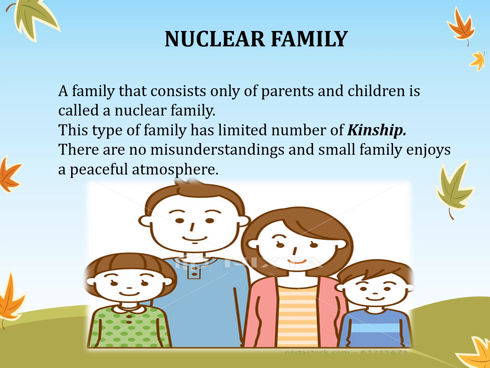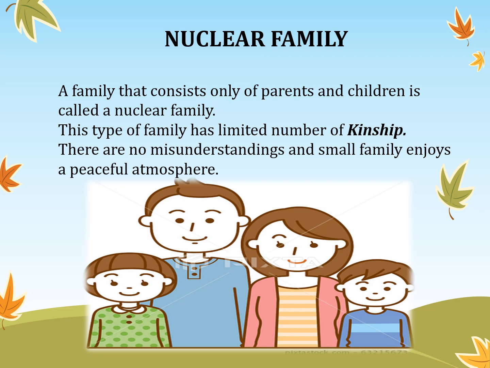So this type of family has a limited number of kinship. What is kinship? Kinship means blood relations, and blood relations are with our mother, father, brother, sister. There are no misunderstandings, and a small family enjoys a peaceful atmosphere.